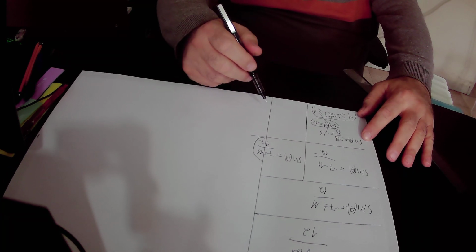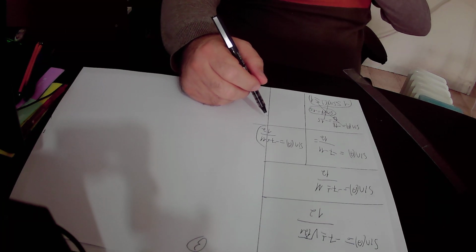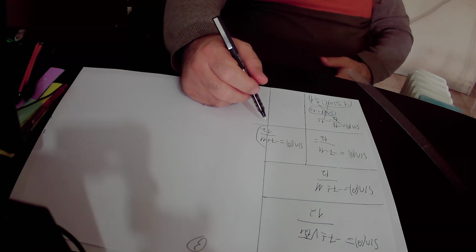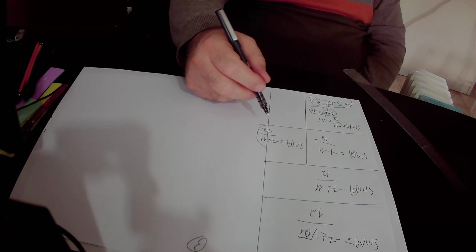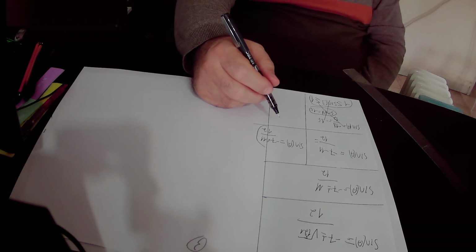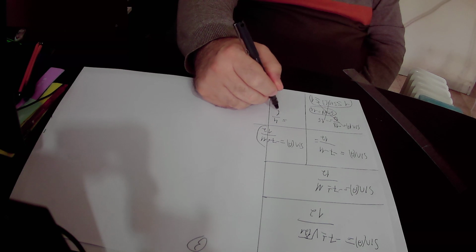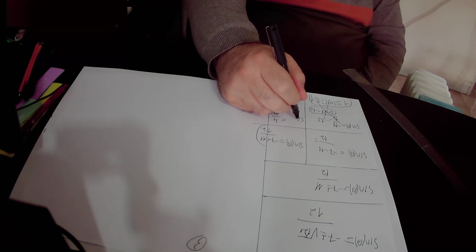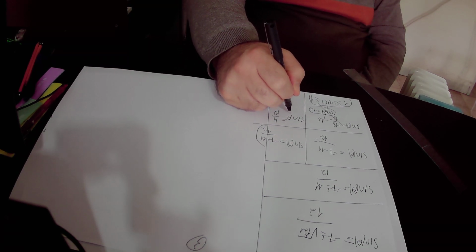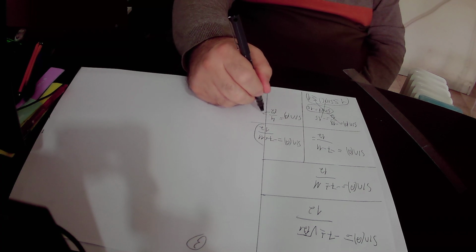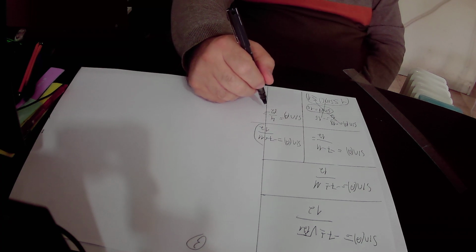We'll cancel that solution and we'll focus on the second solution, that sine theta equals minus 7 plus 11. Minus 7 plus 11 is 11 minus 7, which is 4, over 12. So sine theta equals 4 over 12.